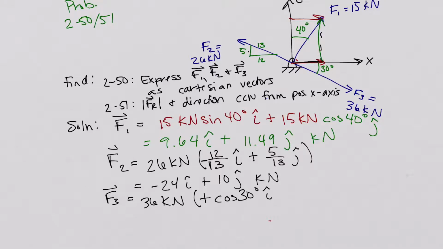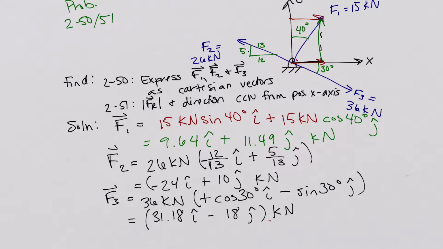It's SOHCAHTOA, cosine is the adjacent one. And then minus, because it's in the negative y direction, sine of 30 degrees j. Multiplying that 36 kilonewtons through, we get 31.18 i minus 18 j, in kilonewtons.